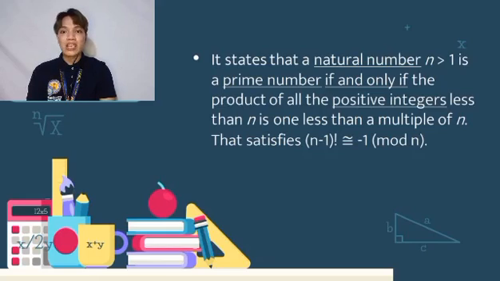That is using the notations of modular arithmetic. The factorial (n-1)! is equal to 1 multiplied by 2 multiplied by 3 multiplied by 4 and so on and so forth, multiplied by n-1, satisfies (n-1)! ≡ -1 mod n.